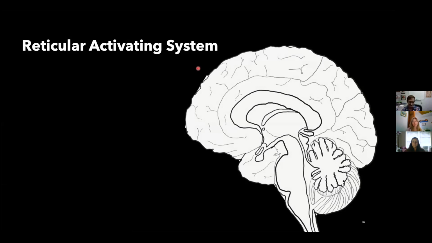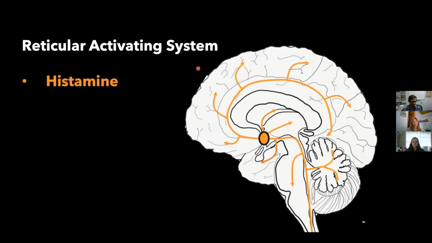These neurons are collectively referred to as the reticular activating system. I don't really care that you know all the names, but just know that this is essentially the brainstem keeping the cortex awake by keeping it pumped full of neurotransmitters. Neurotransmitters are the chemicals released for neurons to talk to each other or talk to muscles.